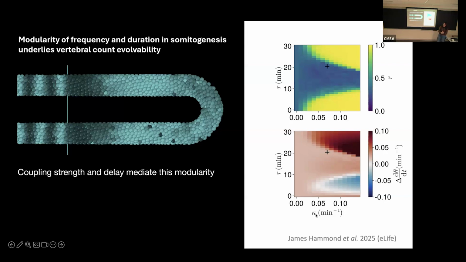If you're near this threshold, you're more evolvable in some sense, because my understanding is if you go all this way, you stop getting somites. If you don't have synchrony, you will miss. To be in a space where there's a slow degree of freedom where you could change the number of vertebrae, but not get into the regime where you don't have somites at all.